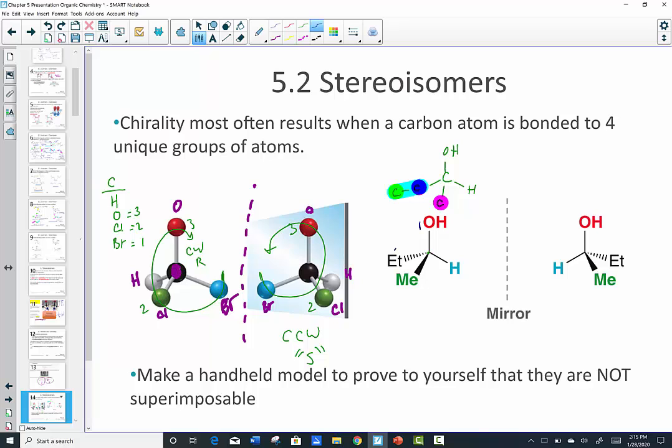The ethyl group, carbon to carbon, is of higher priority than a carbon to hydrogen, and the hydrogen then is last. We see a counterclockwise configuration. Spinning in this direction, we see the opposite. We would have a clockwise configuration. They are indeed mirror images. They are spinning their chiral attachments in an opposite direction: enantiomers.